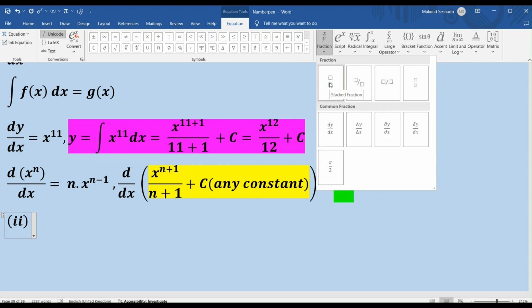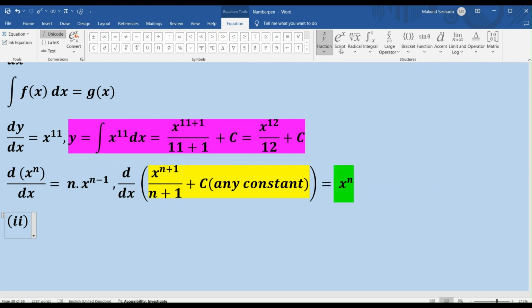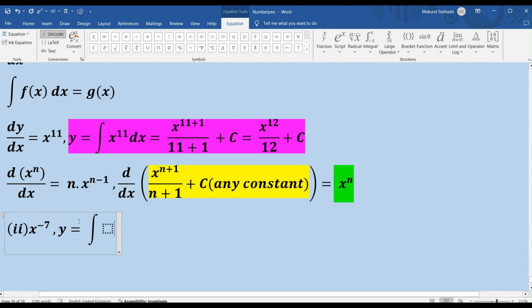And if I put it back in the x to the power n format, all that I've been given is x to the power minus 7, right? And what is my antiderivative? My antiderivative is the integral of x to the power minus 7 times dx, right?